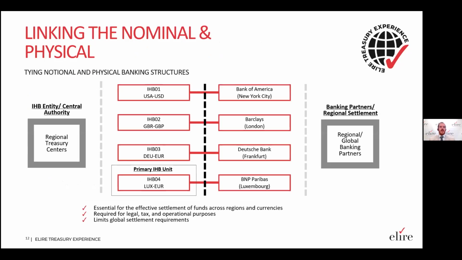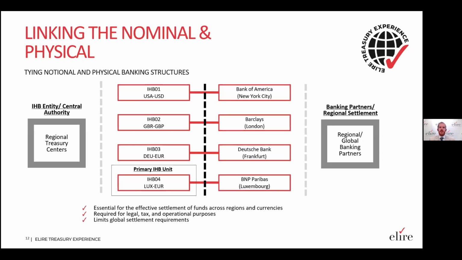When we're talking about linking the nominal and physical, it's of course very important to have regional banking partners in specific areas. So we are looking at tying the notional in-house bank accounts, things that are specific to our overall IHB structure.